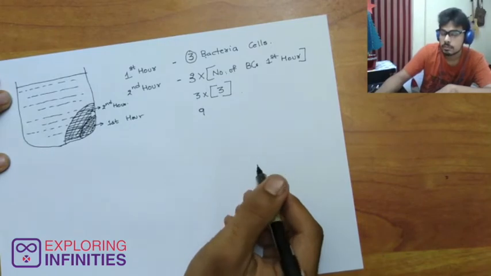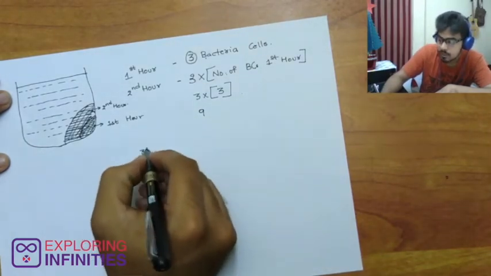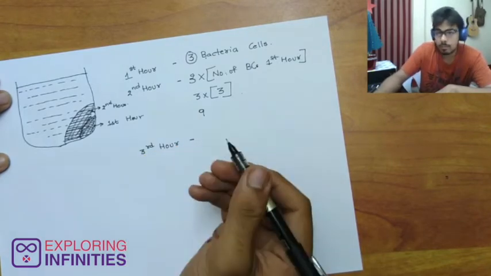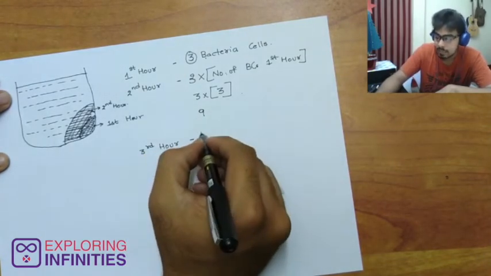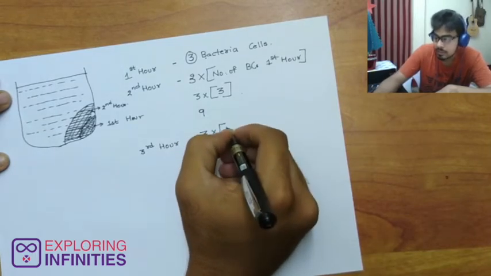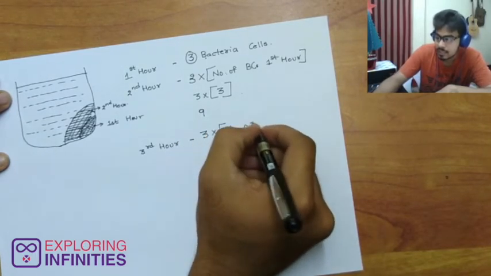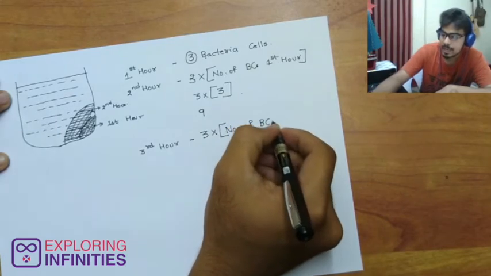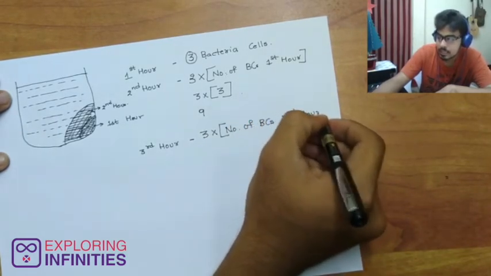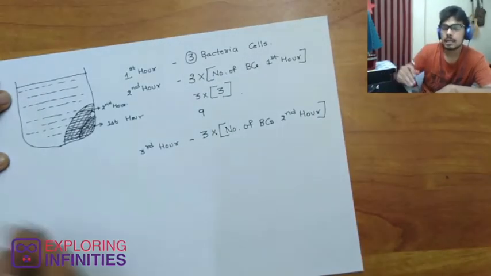It is tripled. Now, third hour. In the third hour, the principle is the same. It becomes 3 times the previous number of bacteria cells. So, 3 times number of bacteria cells in second hour. In second hour there were 9 cells and in third hour they were tripled.